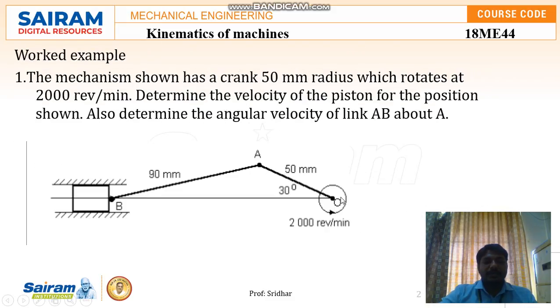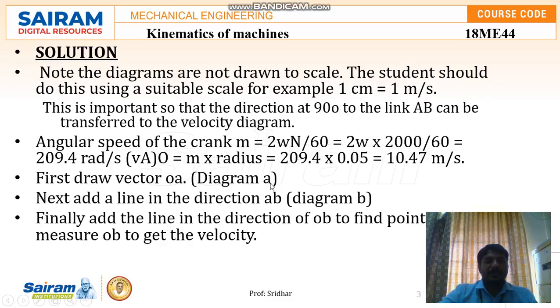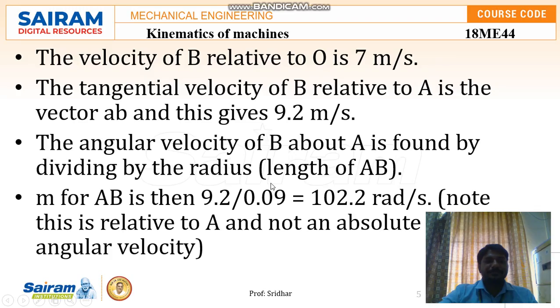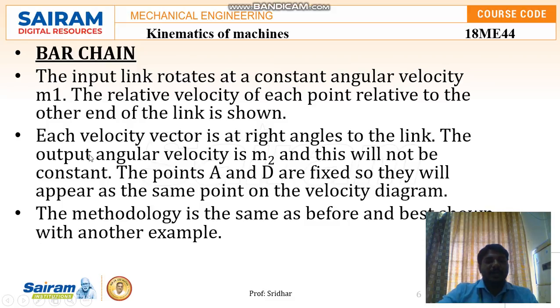So the relative velocity of each link, from O to A to B, B to O, is shown, and each velocity vector is at right angles to that particular link. The output angular velocity is M2, which will not be constant, and the points A and D are fixed. So this is how it affects this diagram.